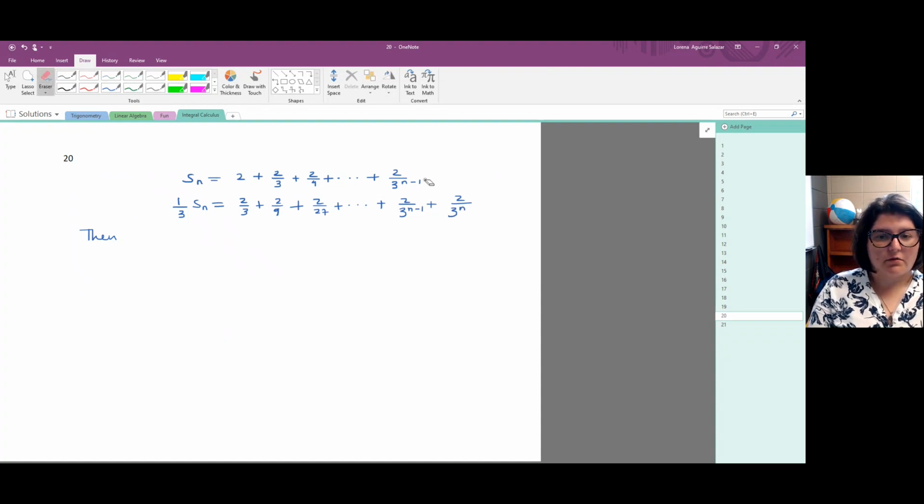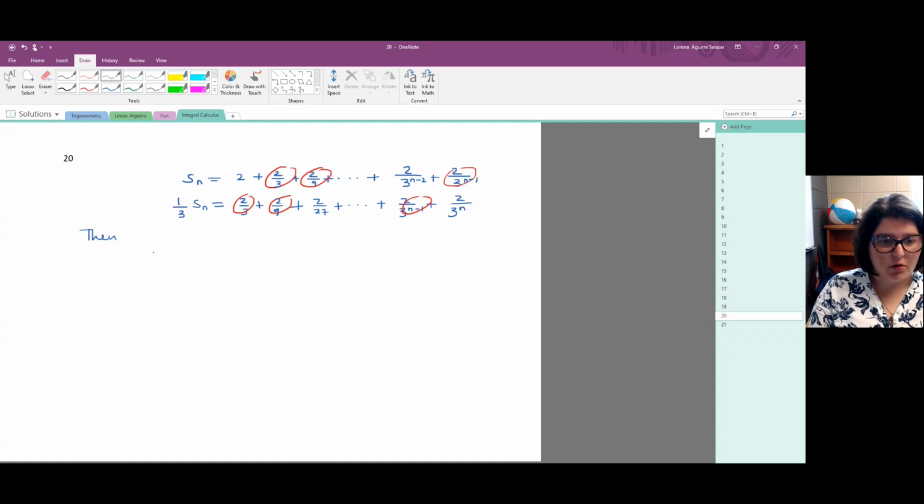This is really coming from multiplying 2 over 3 to the n minus 2 by 1/3. That's how we get 2 over 3 to the n minus 1. So there are many things that Sn and 1/3 of Sn have in common.